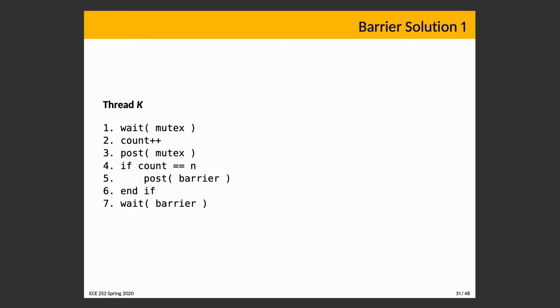If I am the last thread, let's say there are 10 in the example, I will wait on the mutex, increment count, count is 10, post on the mutex, if count is 10, yes it is, post on the barrier, and then proceed to wait on the barrier.